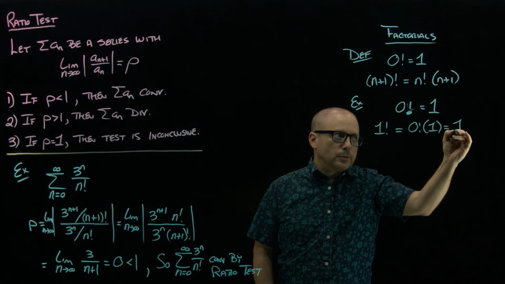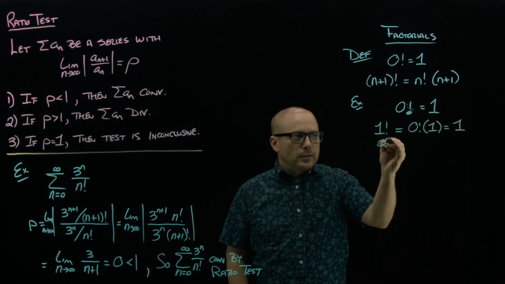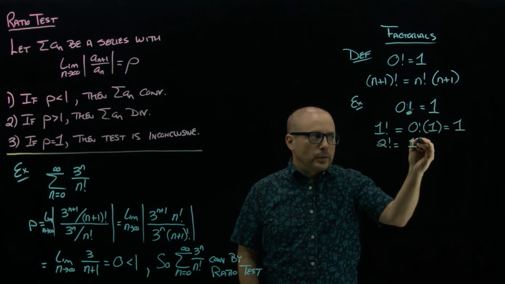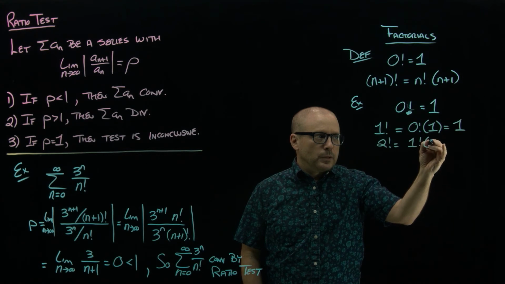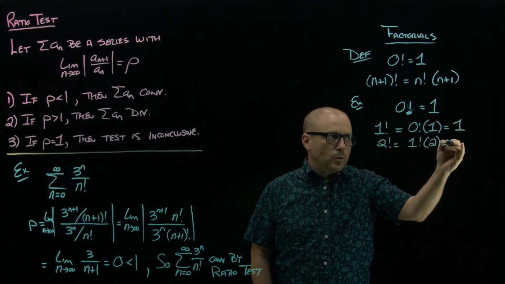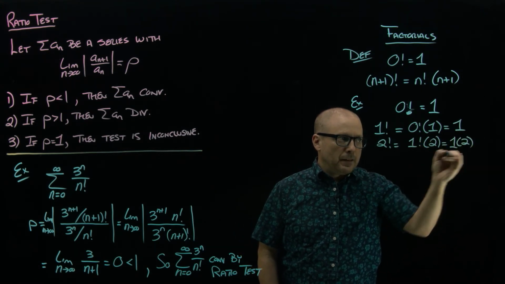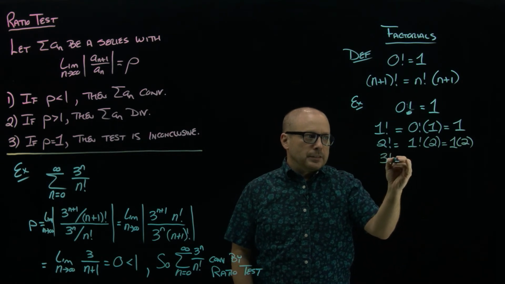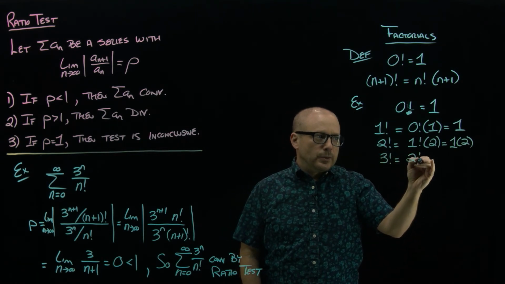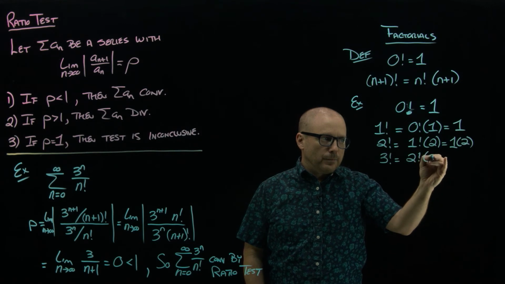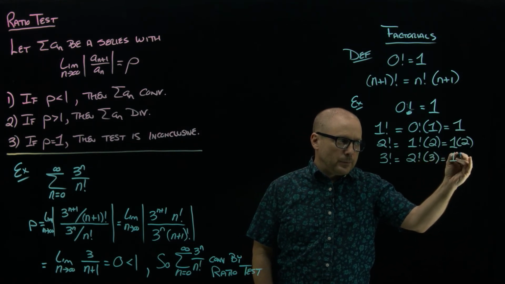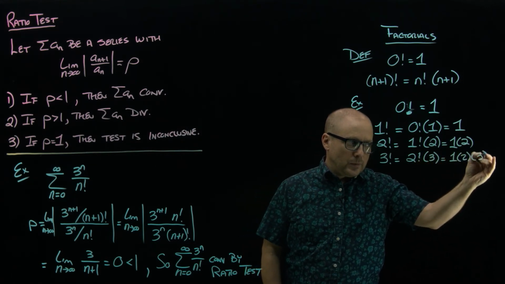So it also is 1. 2 factorial should be 1 factorial times 2, or 1 times 2. 3 factorial is 2 factorial times 3. So 1 times 2 times 3.